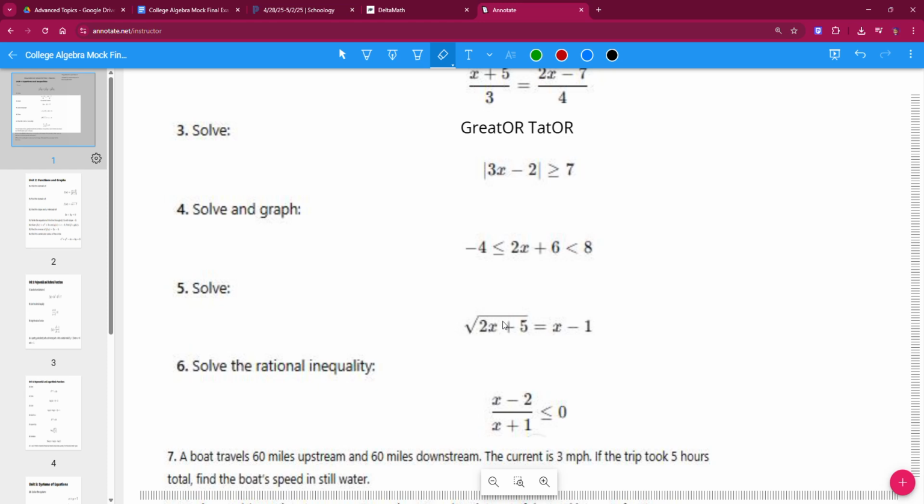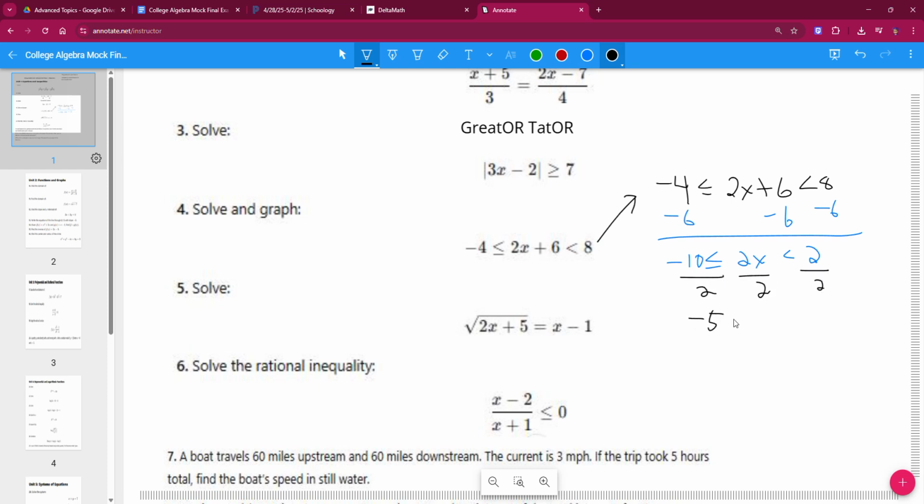Okay, so this one here, pretty easy comparatively. All I do is just isolate x, so I'm going to -6 throughout the whole thing. -10 less than or equal to 2x is less than 2, divided by 2 throughout.